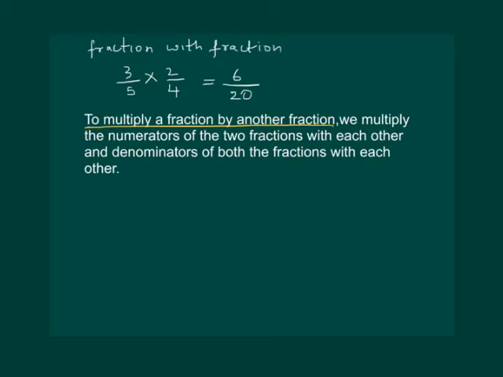We can now state that to multiply a fraction by another fraction, we multiply the numerators of the two fractions and the denominators of both the fractions with each other.